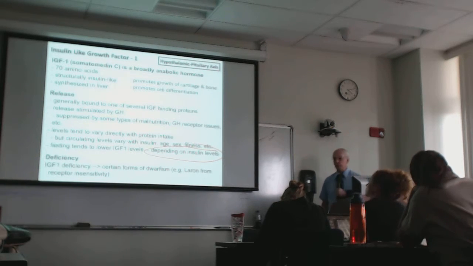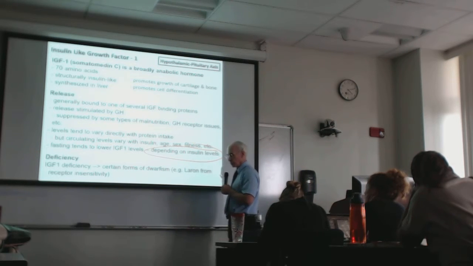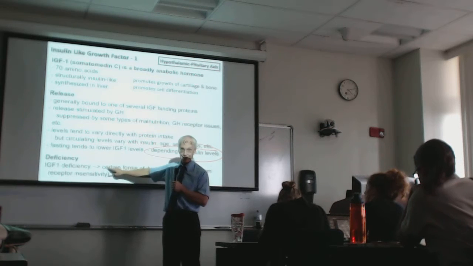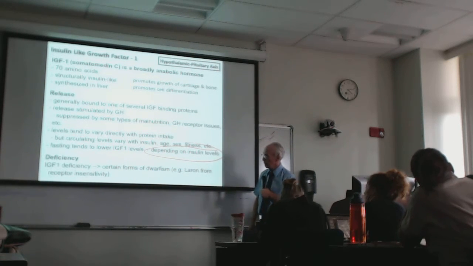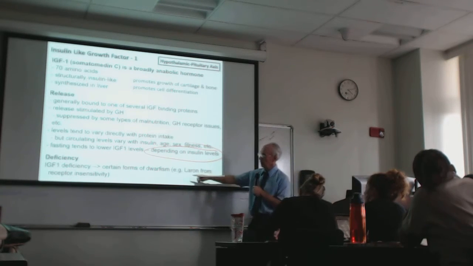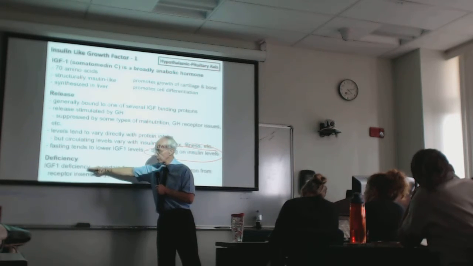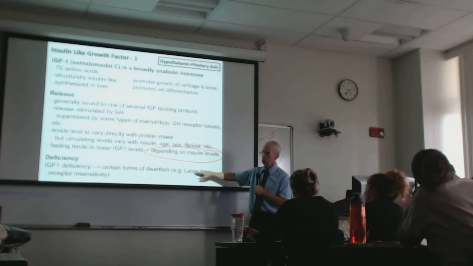Now, we mentioned a moment ago the three general classes of endocrine pathology: hypersecretion, hyposecretion, and receptor issues. I think we pointed out that type 2 diabetes is a receptor issue. Most all types of renal diabetes are receptor issues. And there's a special receptor deficiency disease called Laron's dwarfism.